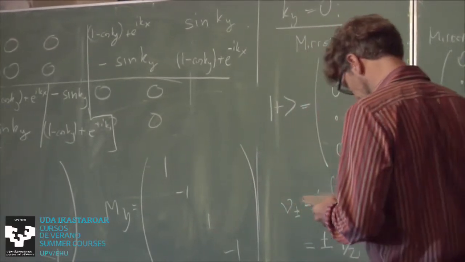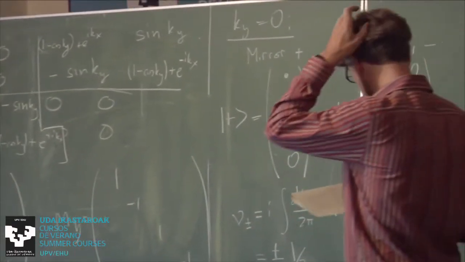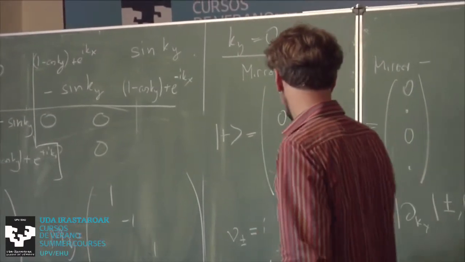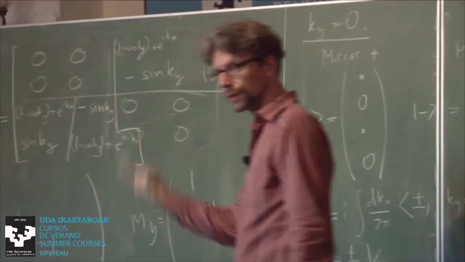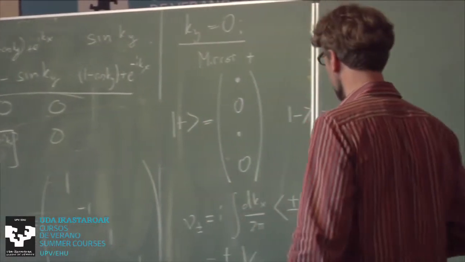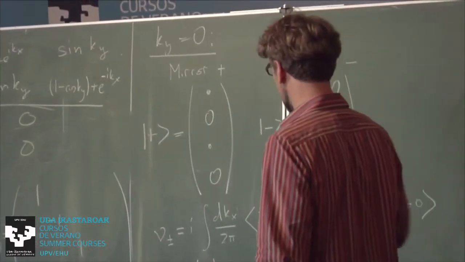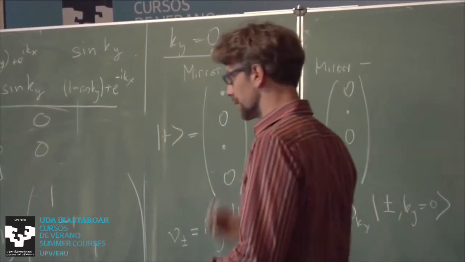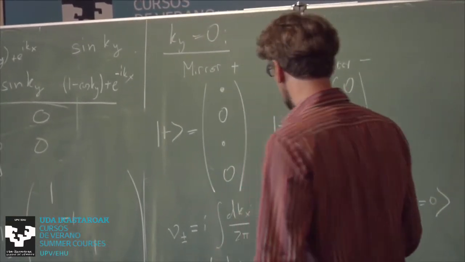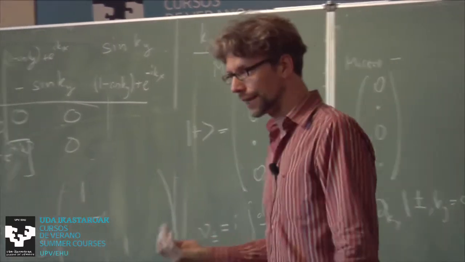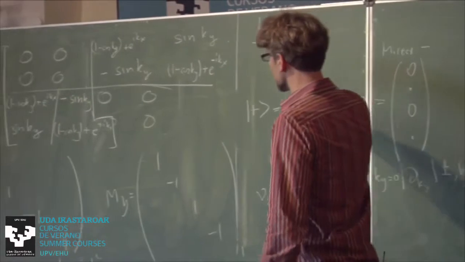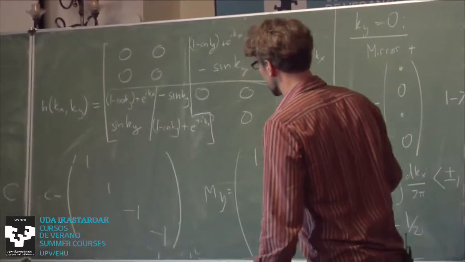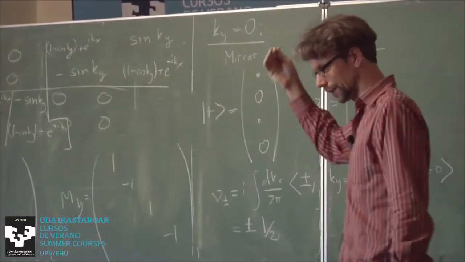Okay? So the two mirror subspaces have opposite winding or opposite polarization, and so the net winding number is 0. But now I can of course define a mirror graded winding number because I do have this unitary symmetry. So at ky equal to 0 in the Brillouin zone, this mirror symmetry is a local symmetry.